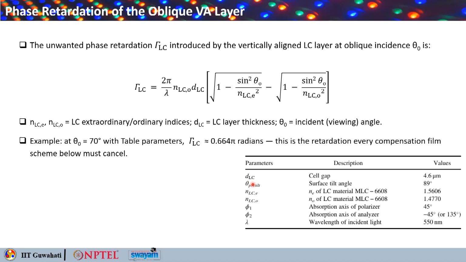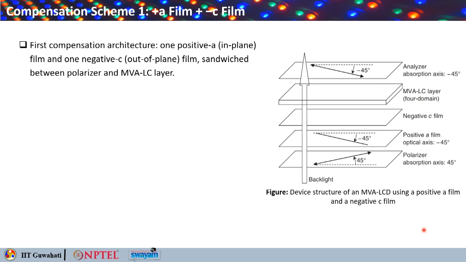You can see the parameters involved here: this is the cell gap, this is the surface pre-tilt, this is n_e and n_o. You can see the birefringence here, and then these are φ1 and φ2, the absorption axes of the polarizers. They are 90 degrees apart, and lambda is considered to be the green one, 550 nm.